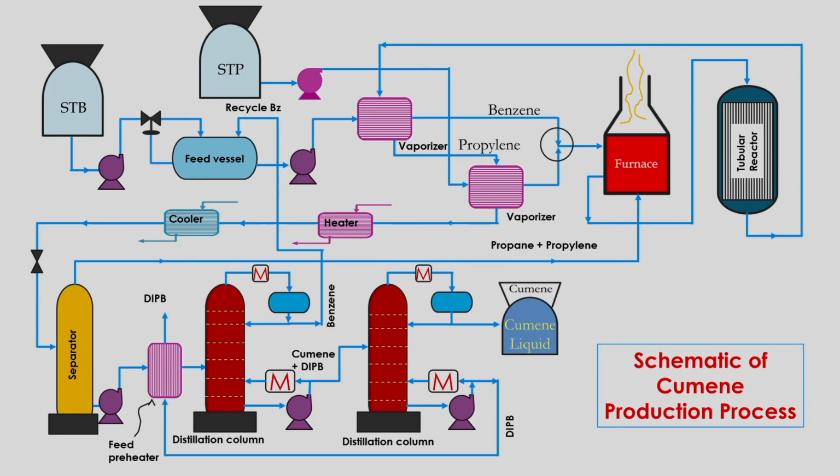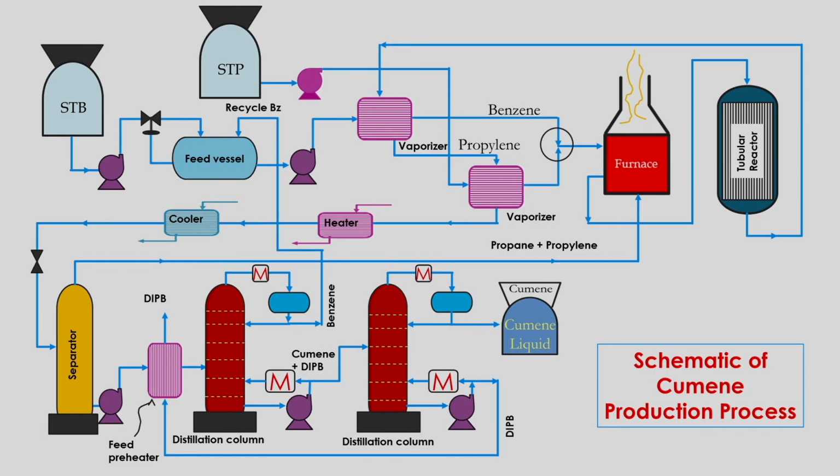Before going to the reaction, the benzene and propylene feed has to be heated up to a certain temperature. Here in the slides, the description of the process with the layout is shown. We have described it in the previous lecture also.